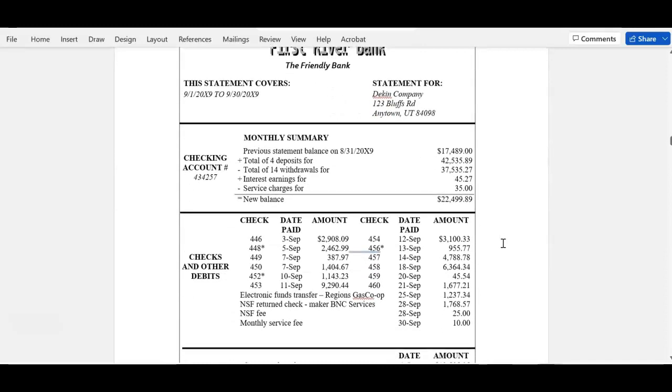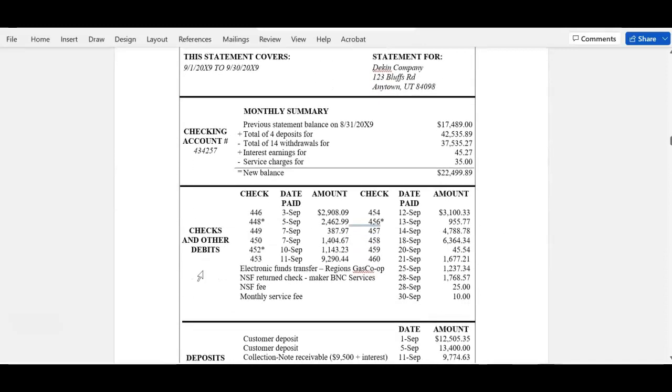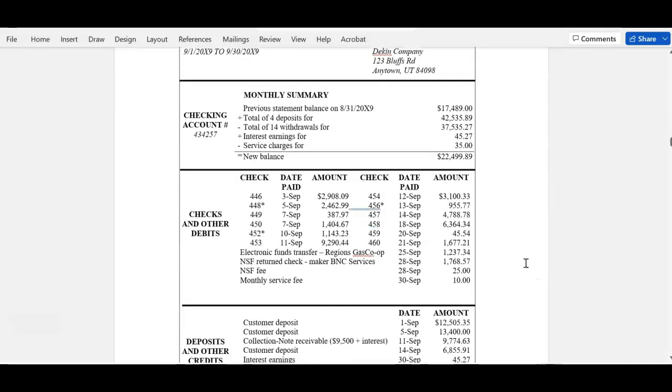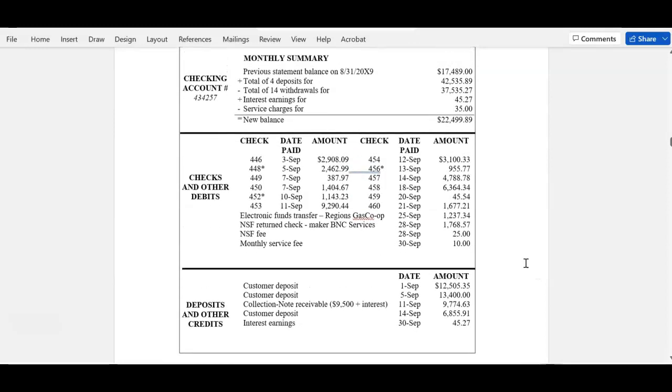So you have to go through the debit memos and credit memos to see what's going on. So the debit memos are the bad news. It says those checks are deducted from your books. So you have checks that have different dollar amounts, different check numbers.